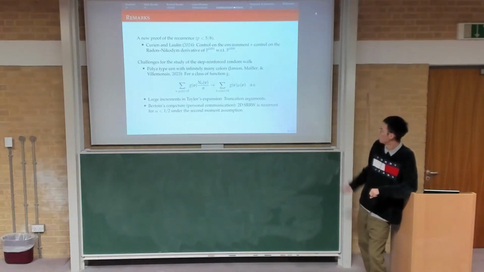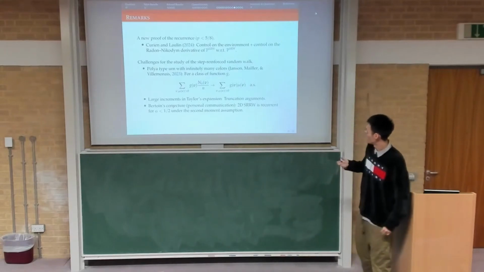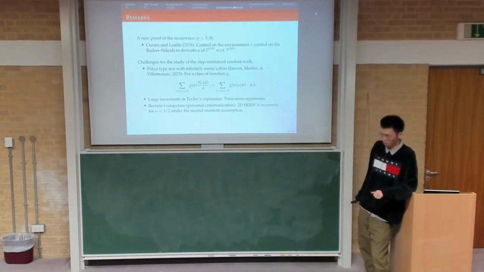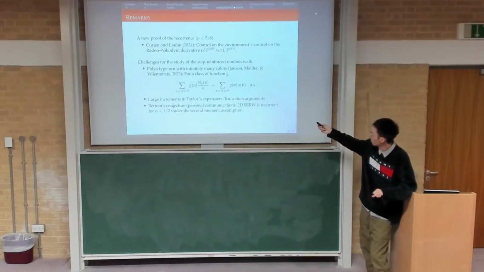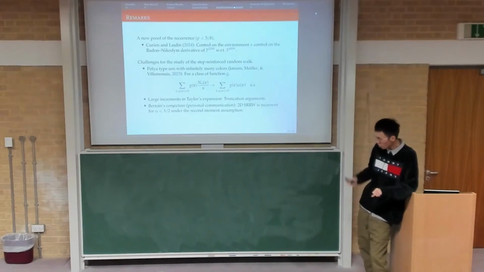For example, it was proved by Jensen, Miller, and Wallace that have such a kind of convergence. And they also gave some estimate on the rate of convergence. But this is for a class of functions G, but actually I improved a little bit on those assumptions.